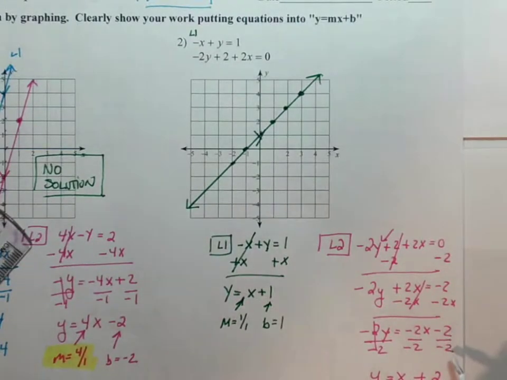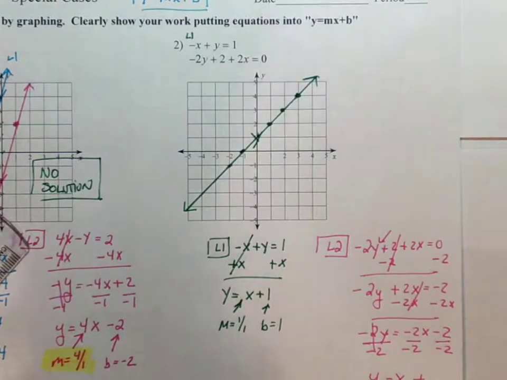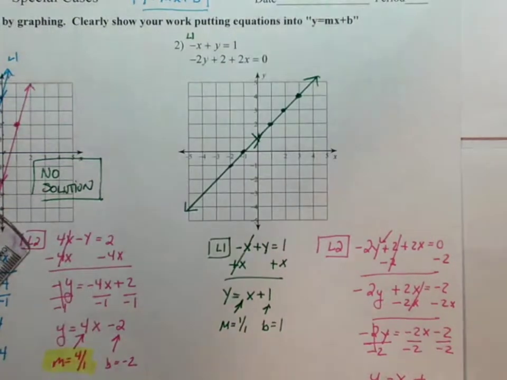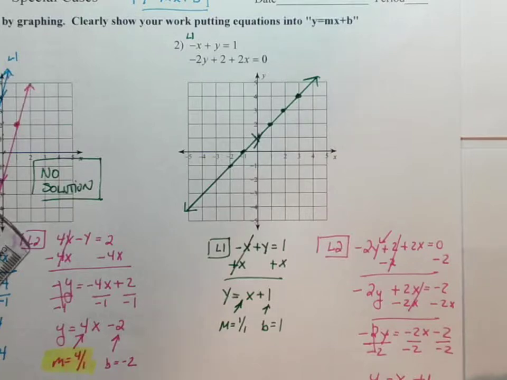Because -2 divided by -2 is 1. My bad. So now you can definitely see something that's going on here. And again, I made another little mistake. This isn't 1/2.